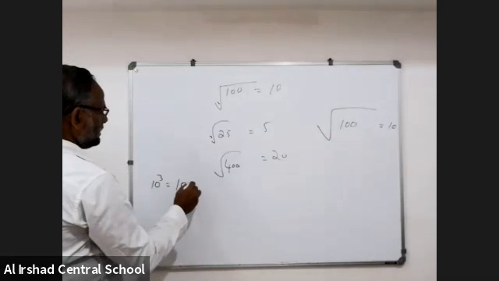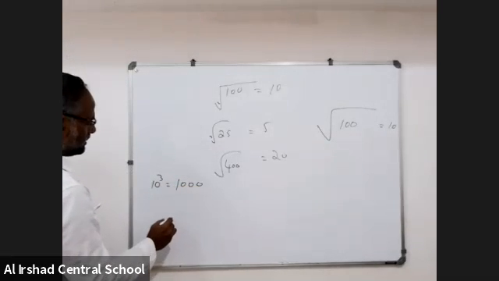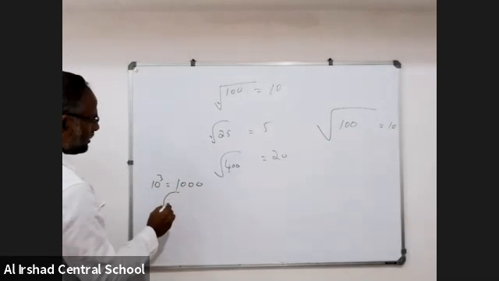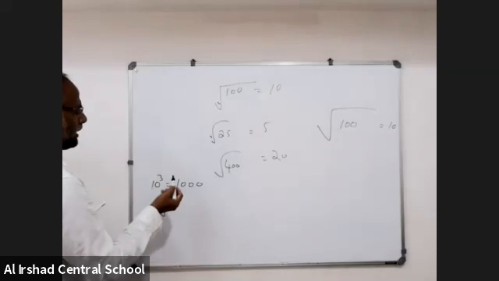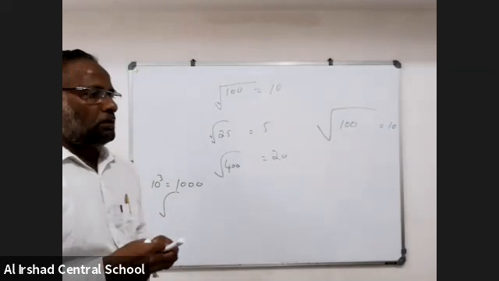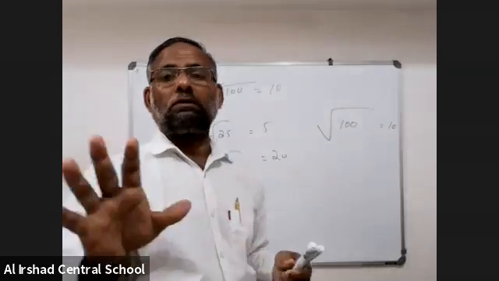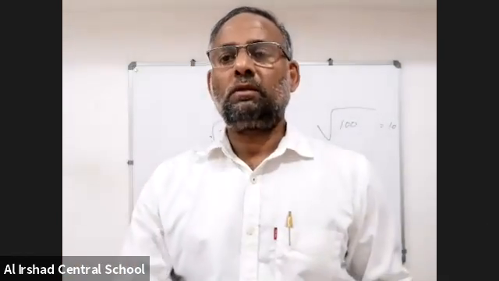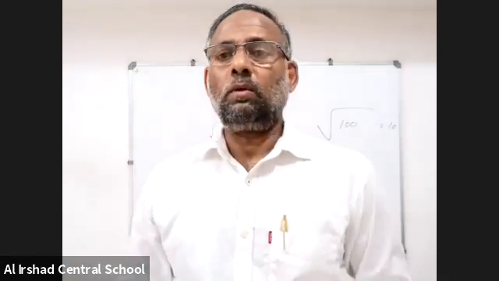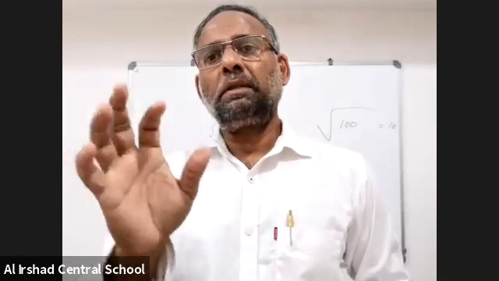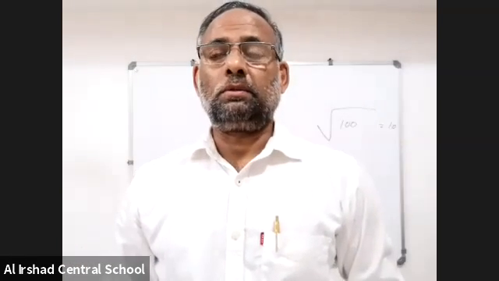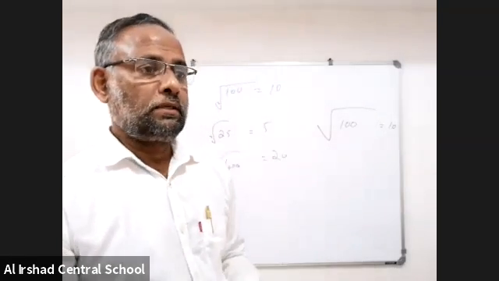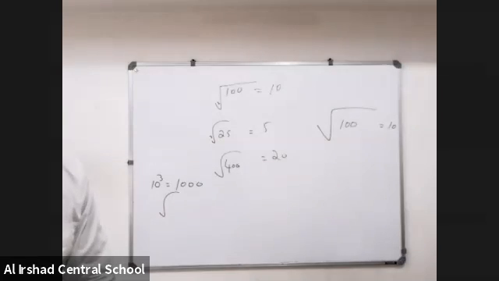This is 1000. That means square root of 1000, you cannot do now. You can do, but a small thing I am telling. Cube and cube root. Square and square root I told you. Understand what is square and square root.